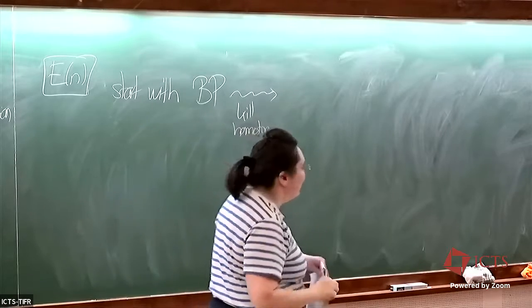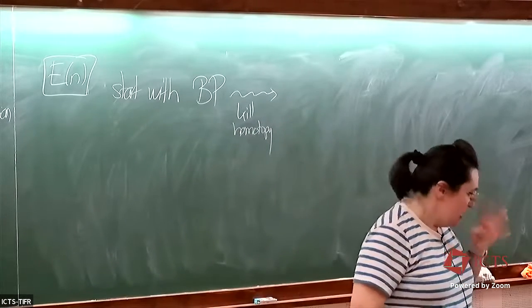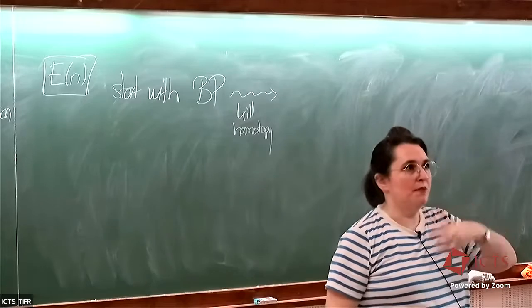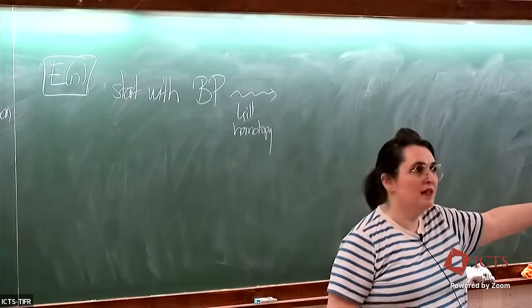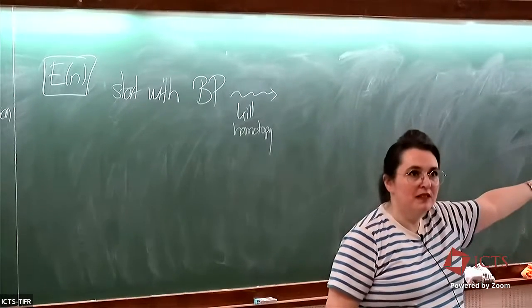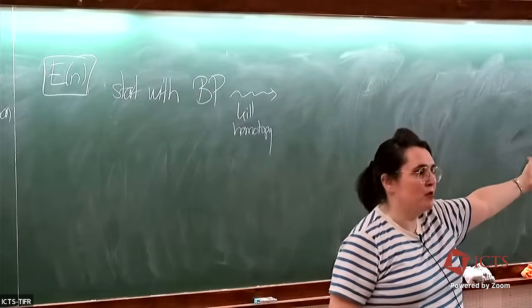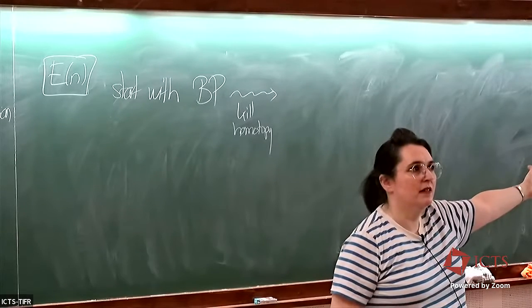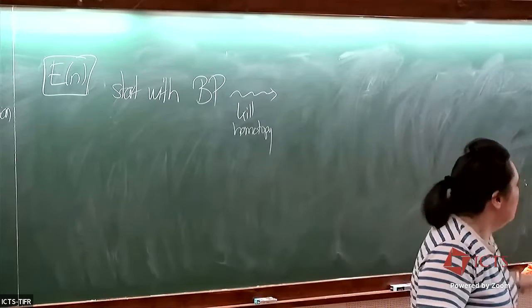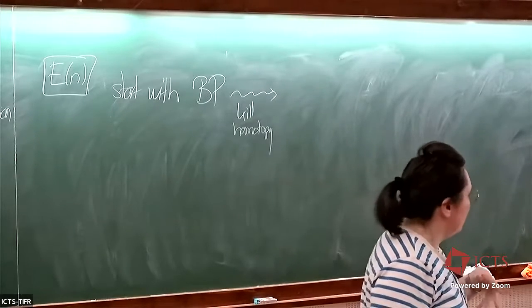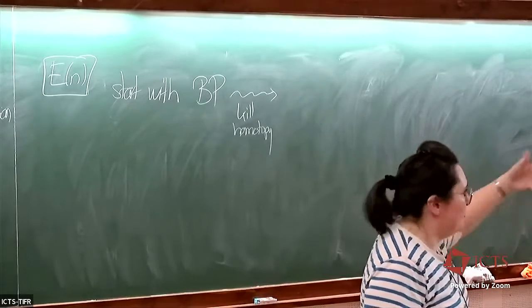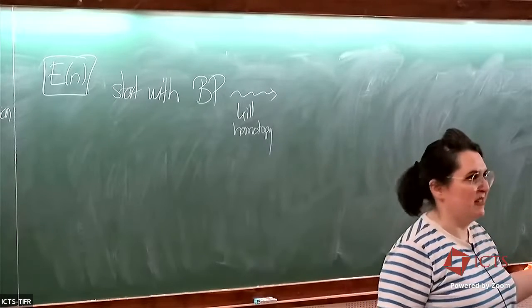And then what you're going to do, you kill some of the elements in its homotopy groups. So how do you kill an element in a homotopy group? Well, you apply the element of the homotopy group, and then you take the mapping cone, and then that element of that homotopy group is gone. That is exactly what you do when you construct more spectra or more spaces, like Eilenberg-MacLane spaces.